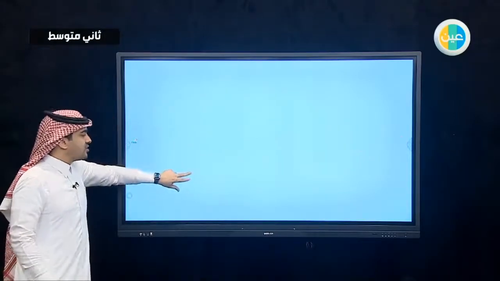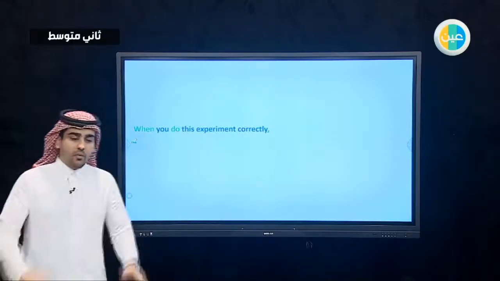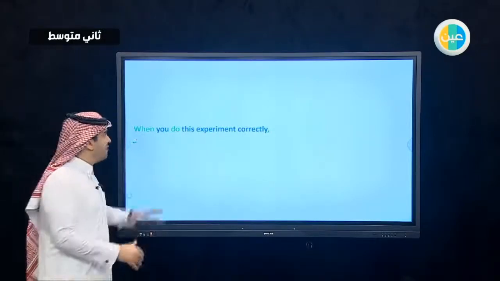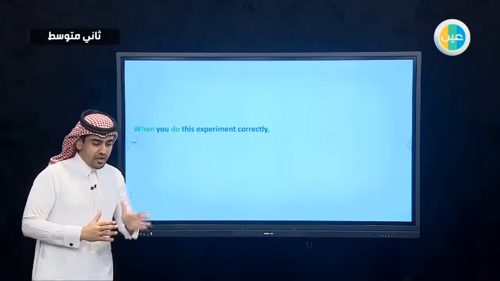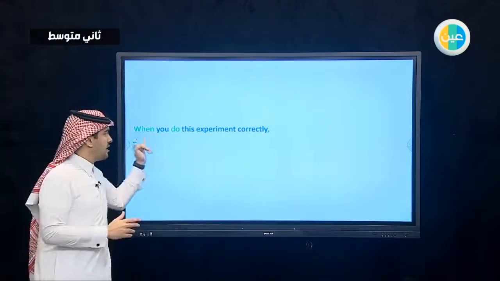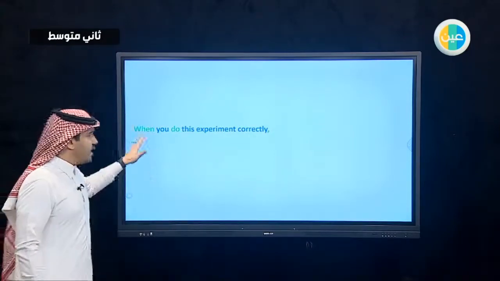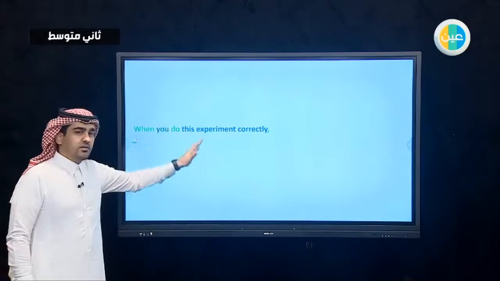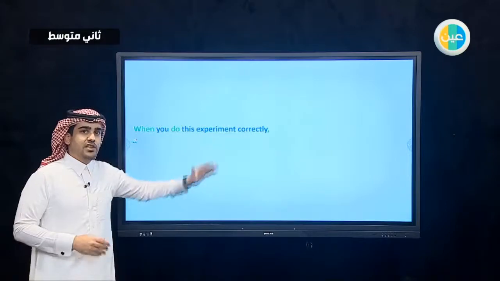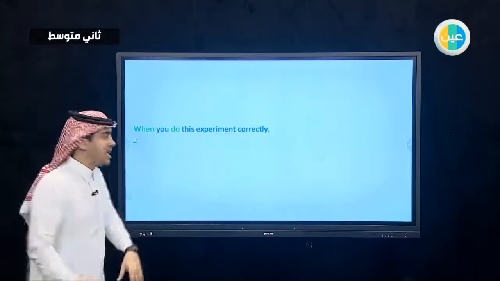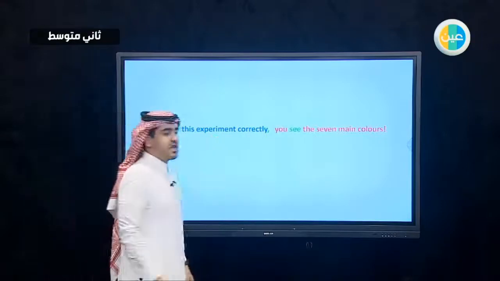Okay, so there's also one thing using when. You can replace if with when and you have the same meaning. So we have the main clause: you see the 7 main colors.